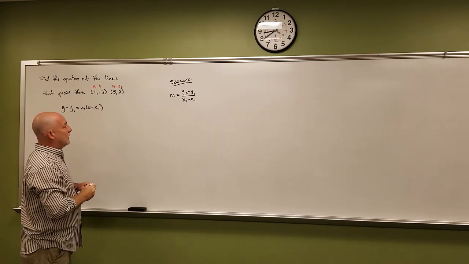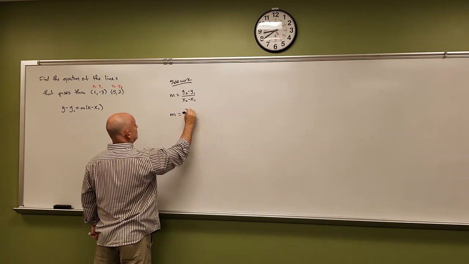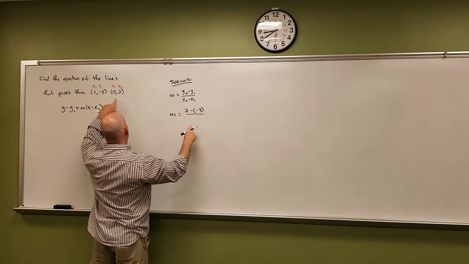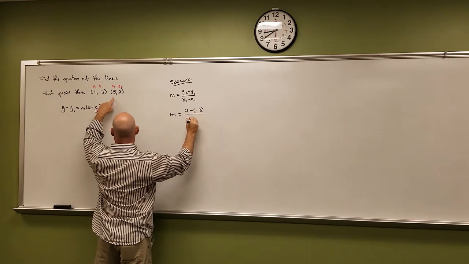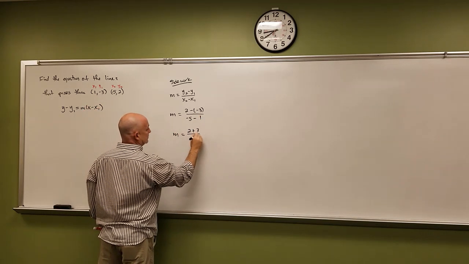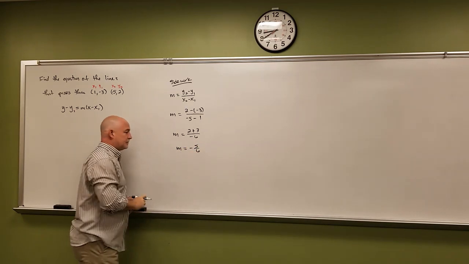And then just plug it into our formula here. So y2 was 2 minus negative 3 all over x2, which is negative 5 minus 1. All right, a little bit of algebra, that's 2 plus 3 over negative 6, or negative 5/6.